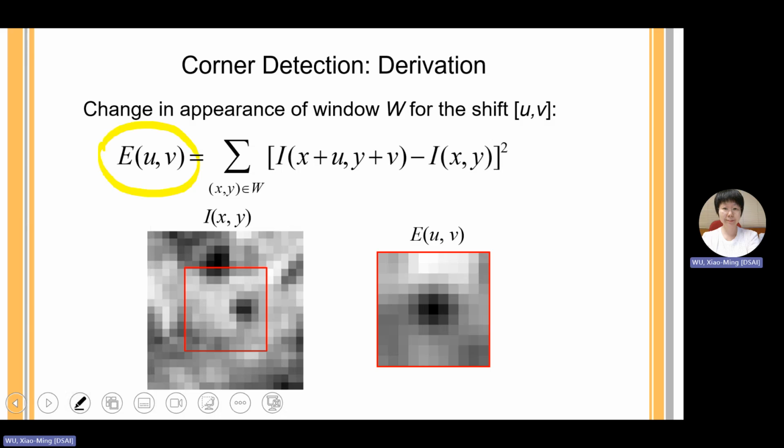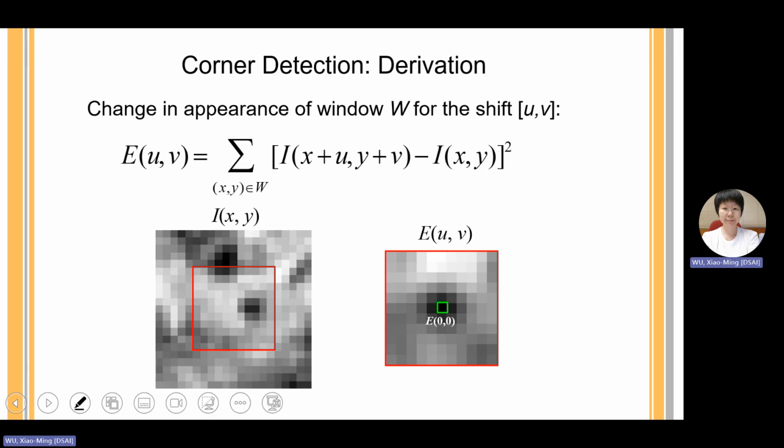We want to quantify the changes of image content along any direction, where the direction is represented by U and V, because it's 2-dimensional. We can move this window along any UV direction.